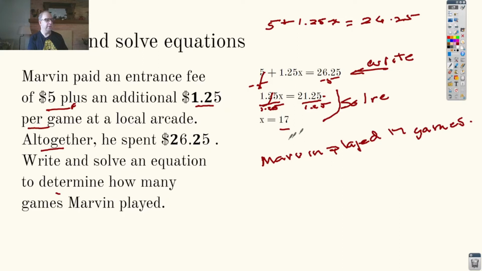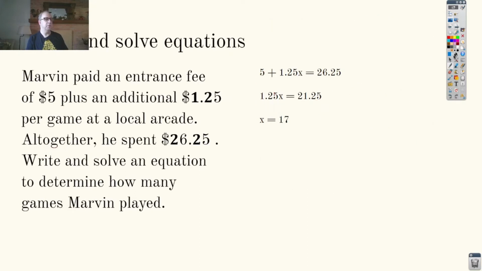So there are 3 parts to this answer, and I want all 3. Neatness does not count. I just want to point that out before we get to the end where people are just writing, well, the answer is 17. The answer is not 17. The answer is Marvin played 17 games, and here's the work I did, and here's the problem I wrote.